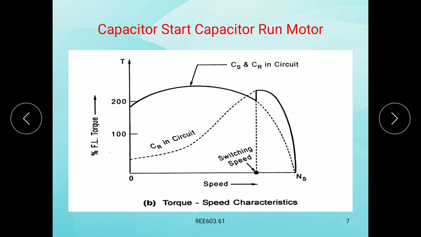So here in the capacitor start, capacitor run motor, the CR curve is this one, 50 to 100% in between. This is the torque developed by the CR, the capacitor run. Now this is the torque developed by the starting capacitor. From this we can develop more torque.